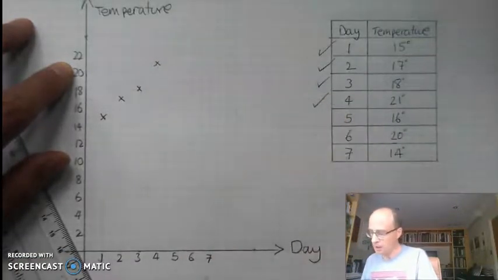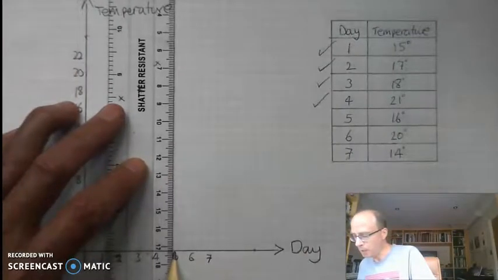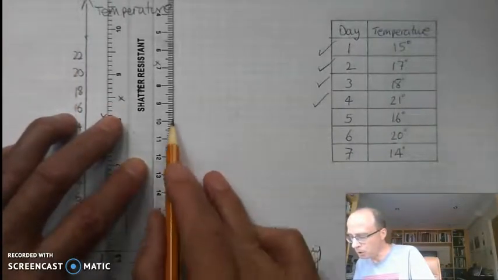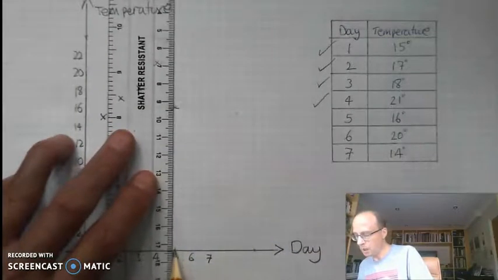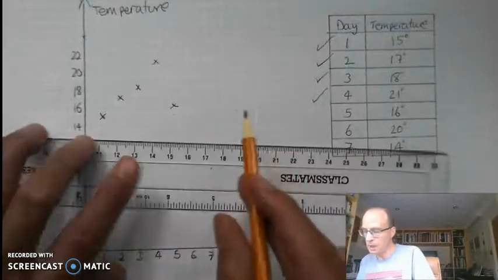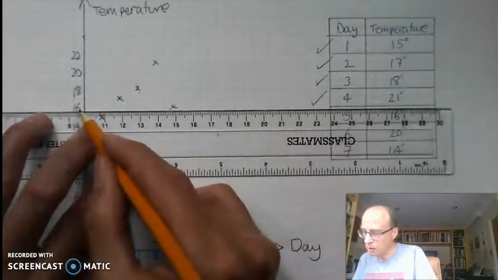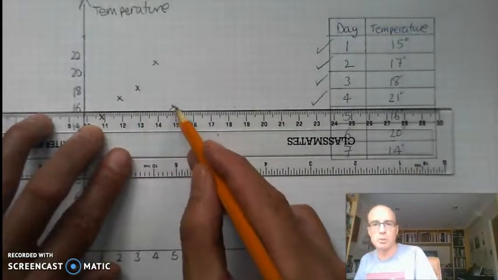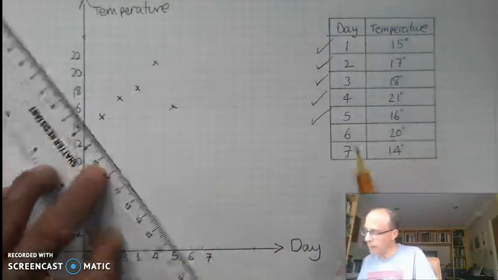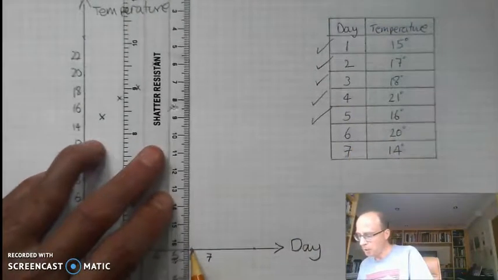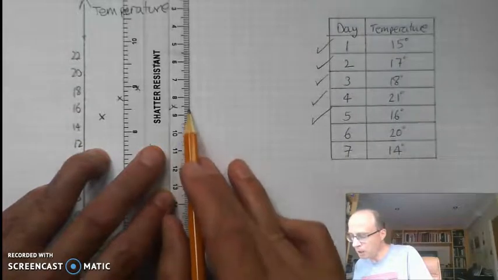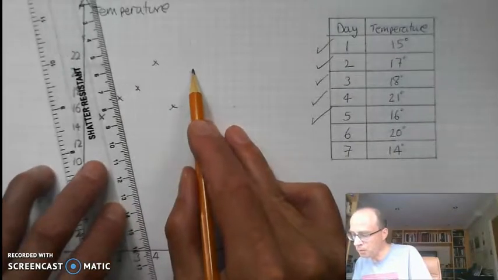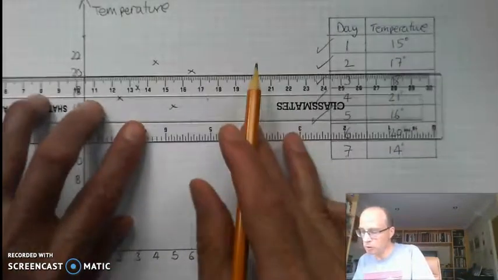Day 5, 16 degrees. I'm going to go all the way up to 16 and put a cross. So double check, I've gone up from day 5 and 16 degrees, and that's where my cross is. Day number 6, we're coming up from day 6, and we want to get to 20 degrees. I'm going to mark that with the cross, double check.